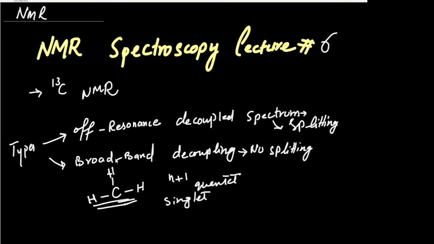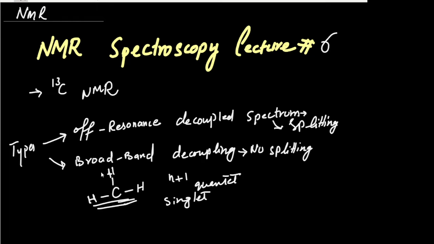So in the off resonance decoupled spectrum, there is more information, because we can determine from the spectrum how many protons are attached to the carbon. But in the broadband decoupling, there is a loss of information. So why do we do broadband decoupling?